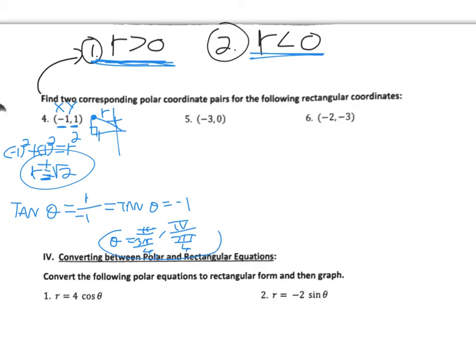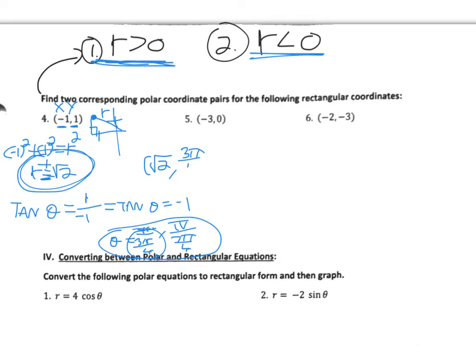Notice how we have two angles, and I have two values for the radius, positive and negative. We're going to make sure we match these up. If this point is in the second quadrant and I keep the radius as a positive, I have to use the second quadrant angle, which is the 3 pi over 4.